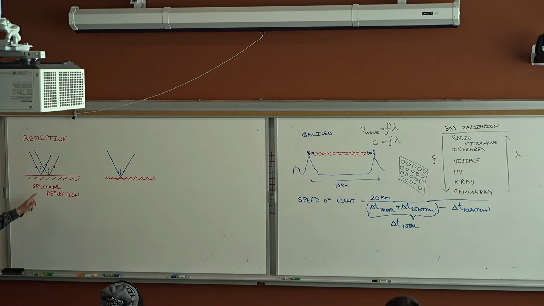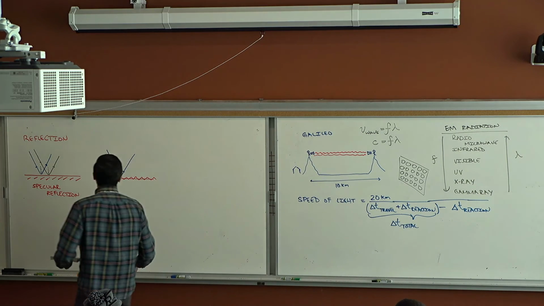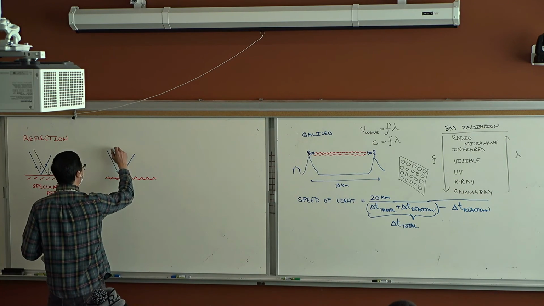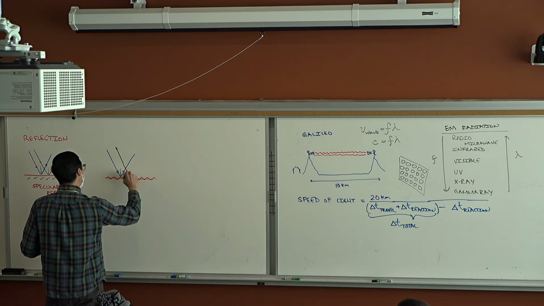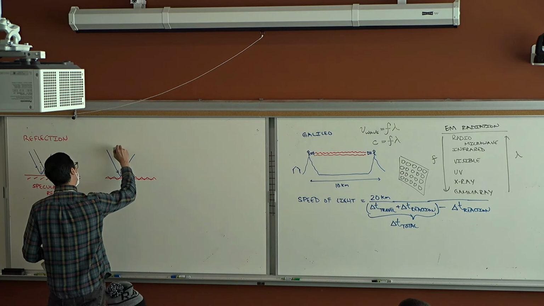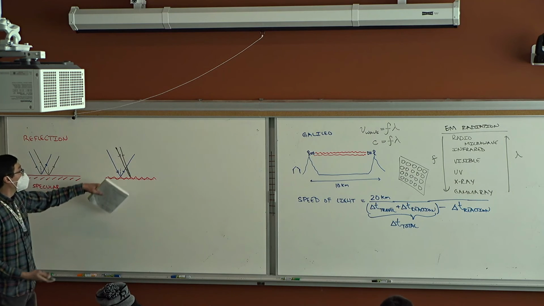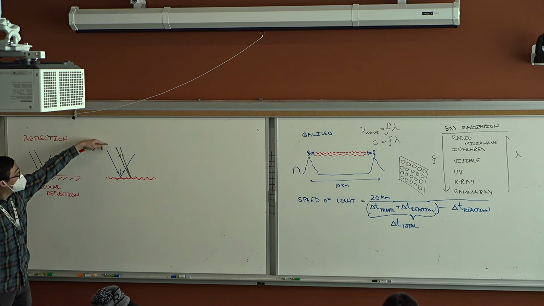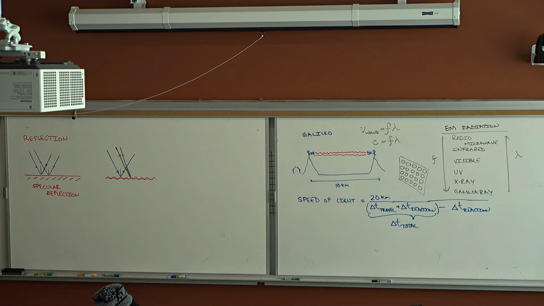When I was telling you about specular reflection, that's going to depend on what specifically we're talking about. We're going to look at the wavelength. Note that now two rays that come in parallel don't necessarily reflect parallel.